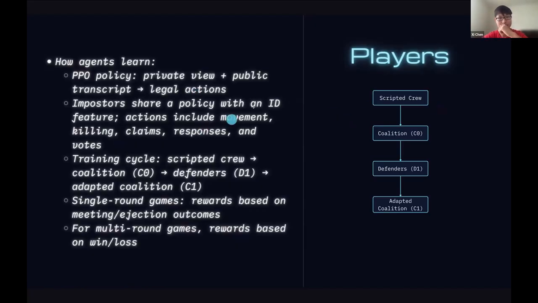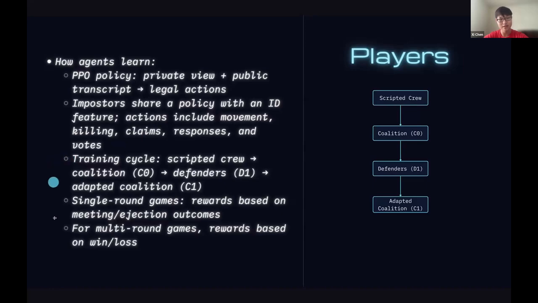Since we want the imposters to not have the exact same behavior, but ultimately achieve the same goal, we have the imposters share a policy, but with an ID feature that allows them to act differently, but ultimately try to converge towards the same goal of winning and killing all the crewmates.